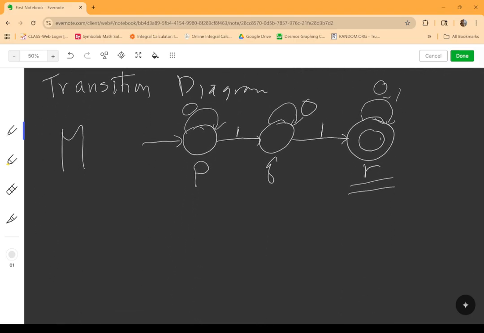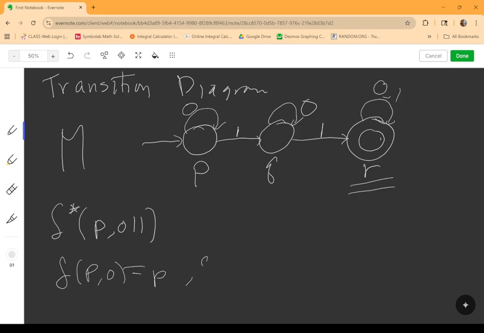But if we were to do, let's say, delta star of P, 0, 1, 1. We start here at P. Delta P 0 gets me back at P. Now I can just get it from my diagram.